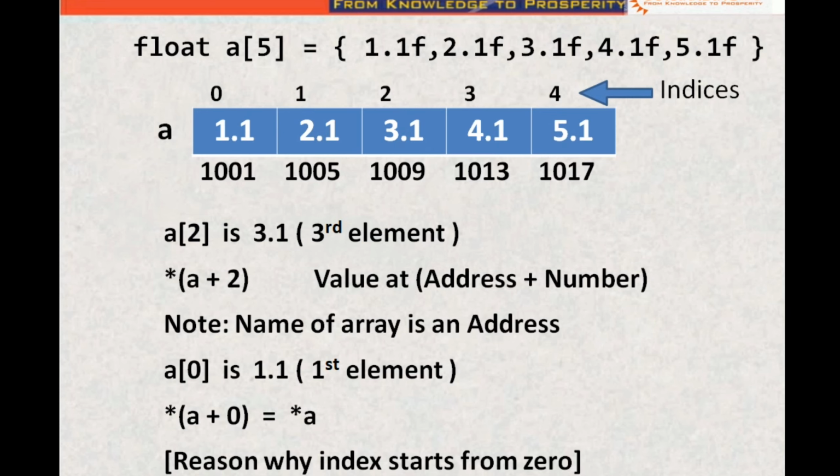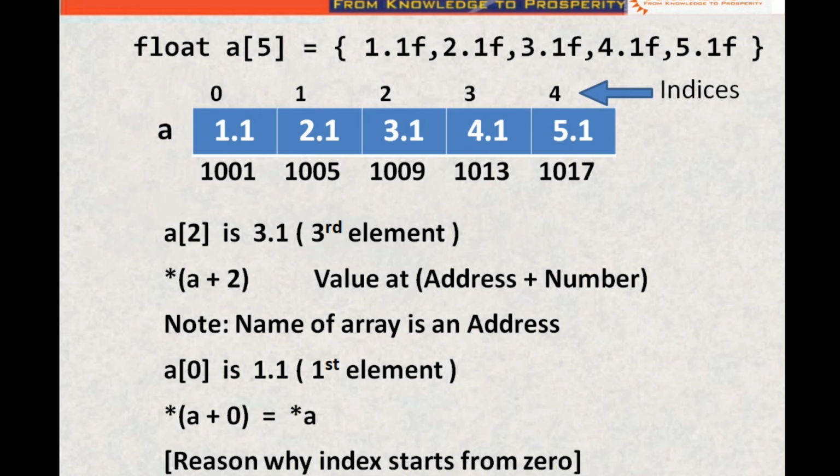Now the star here is the value at operator, and A, as we know now, is the name of the array, which is an address, and the 2 that we write inside the big bracket is a number which is nothing but the index. So A here is 1001. 1001 plus 2 is nothing but 1009, which is the address of the third element.